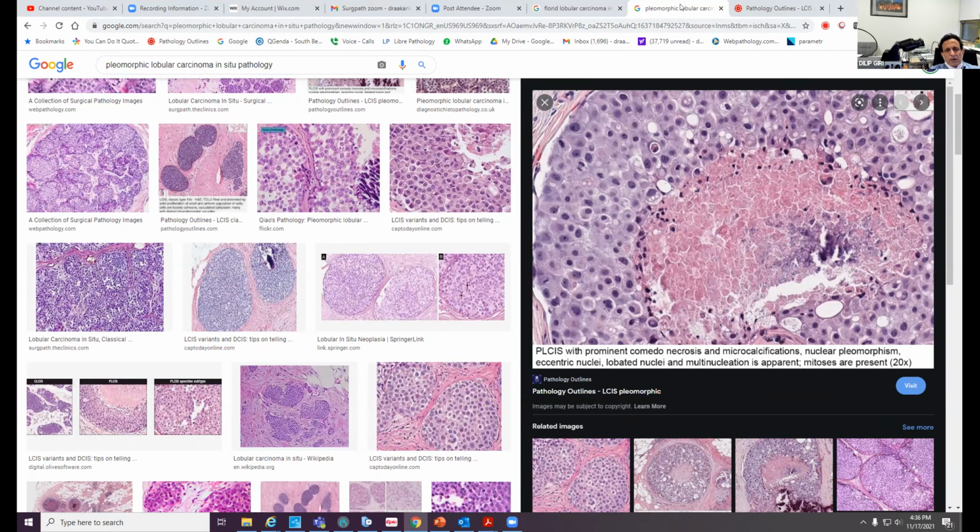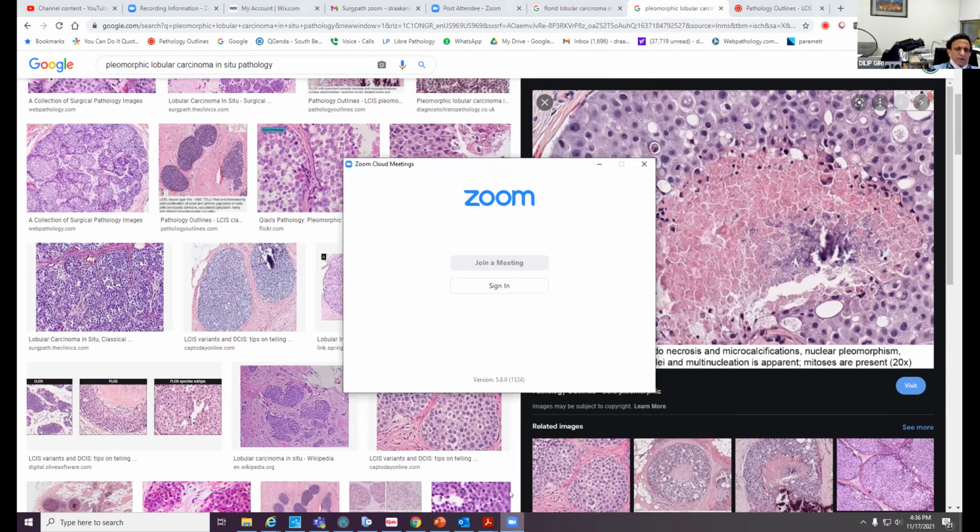It's only with E-cadherin, and look at how mitotically active. So it would not be surprising that the behavior is something like DCIS already, and maybe it's a good idea to treat them as DCIS. But we don't do that, at least for now.